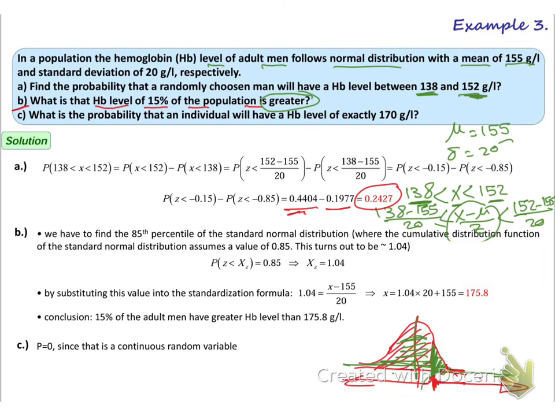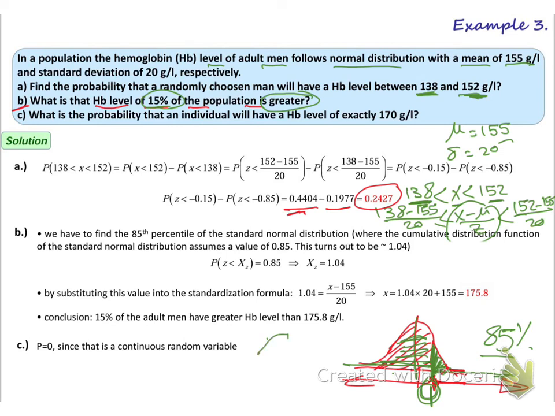I have to go to the standard normal distribution and see which Z value represents the 85 percentile, the 85 probability. It is the probability, percentage or percentile here. The only point I have to understand is that I have to find the 85%, not the 15%.